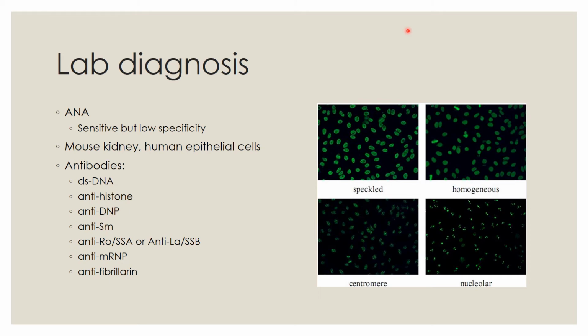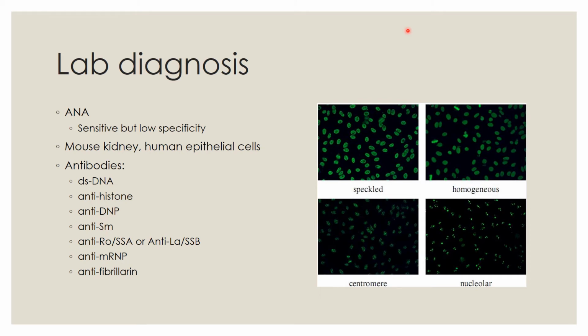Anti-Sm, or anti-Smith, depending on the age of your doctor, they might still call it anti-Smith. First described out of a patient named Smith, so hence the name. These are directed against small nuclear proteins that are associated with particular types of RNA, uridine-rich RNA.